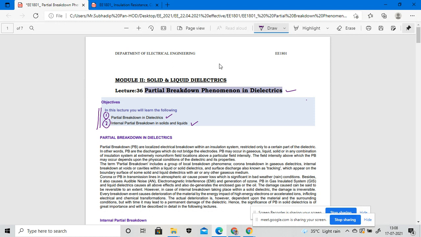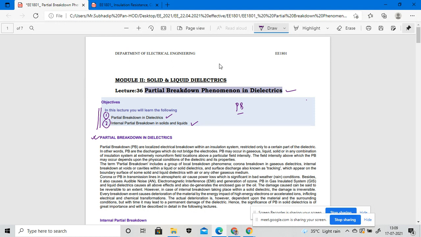So first we have to discuss the partial breakdown in the dielectrics. What is the partial breakdown in the dielectrics that will be taken into consideration? The partial breakdown is defined by PB. Partial breakdowns are localized electrical breakdowns within an insulation system. So if we consider one insulating system, in that insulating system the partial breakdown process will be taken into consideration.